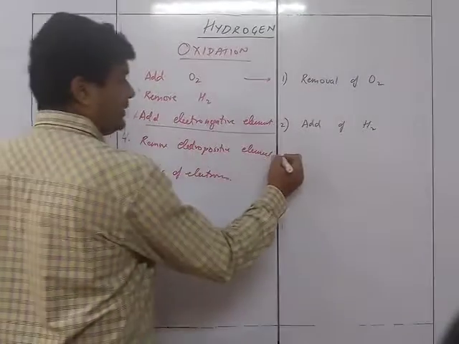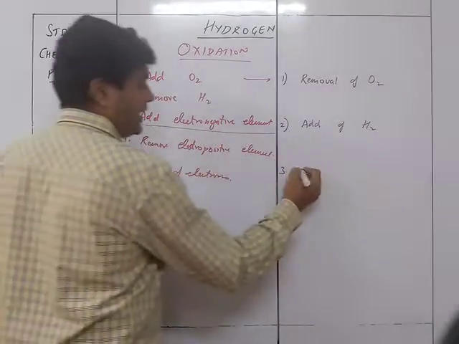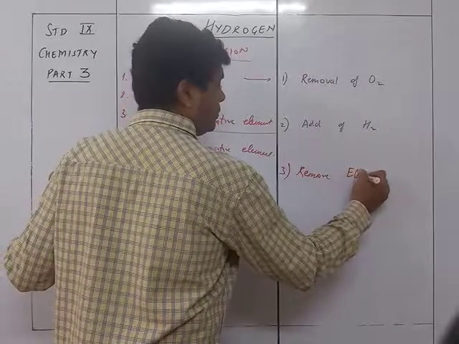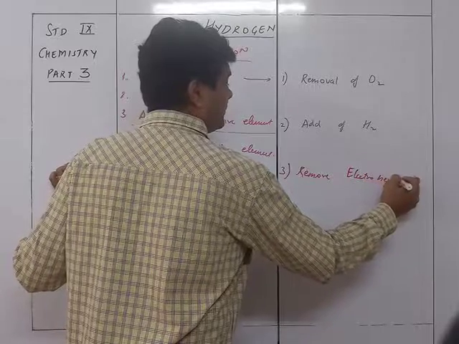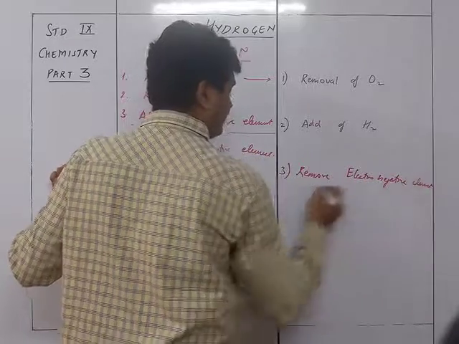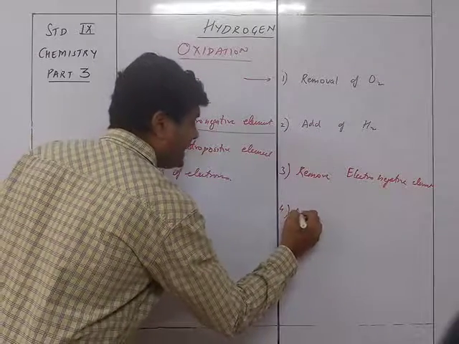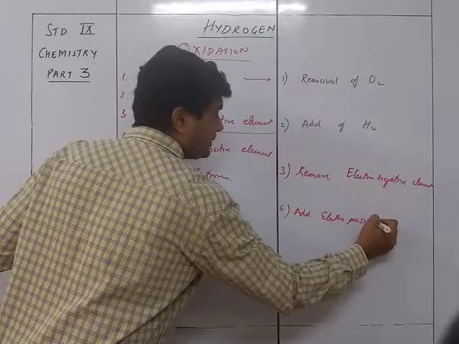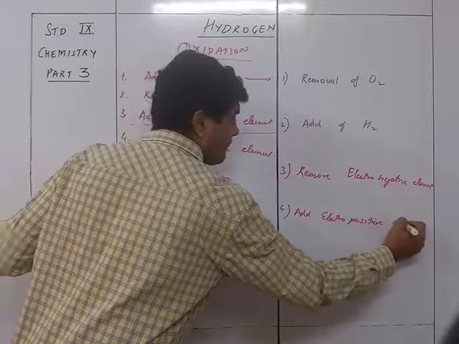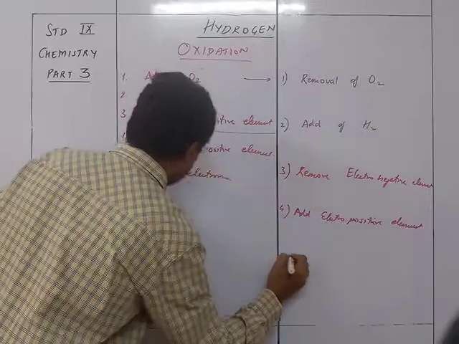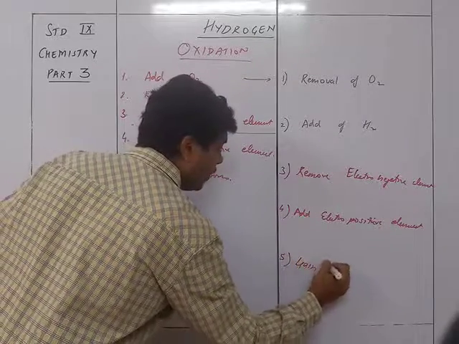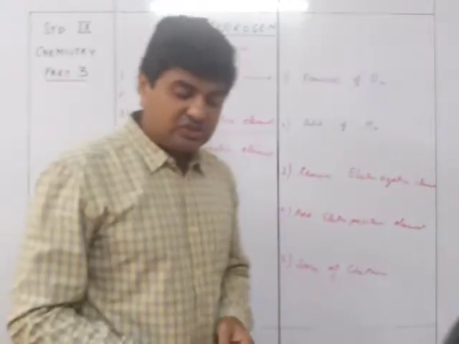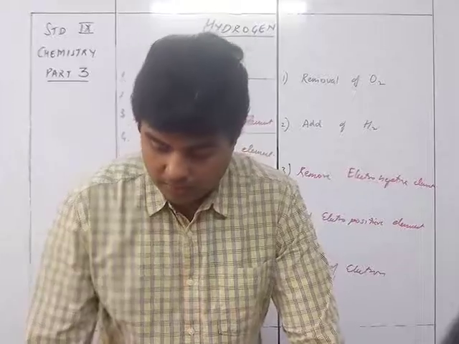The third part: where there was add, here it is remove, so remove electronegative element. The fourth one will be add electropositive element. And finally the fifth part is gain of electrons. So these are the 5 conditions for reduction to take place.